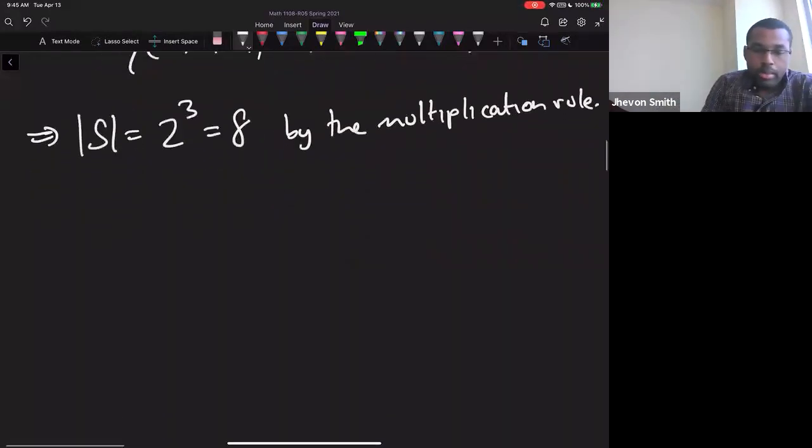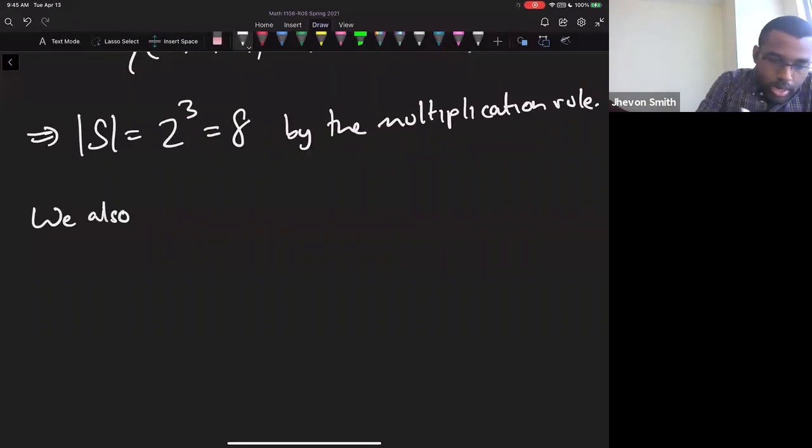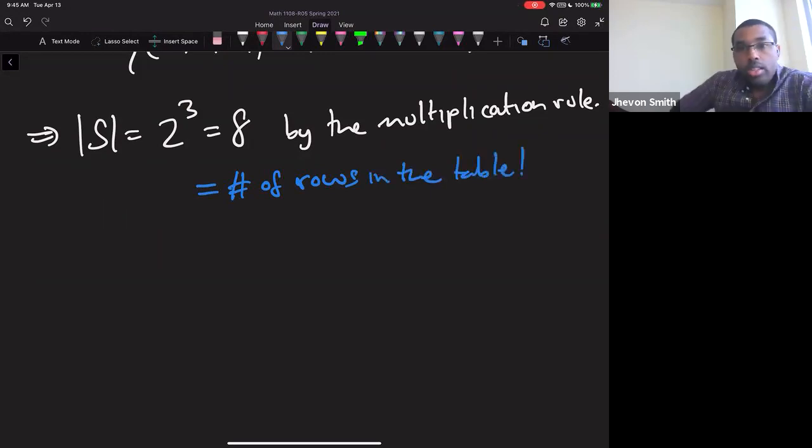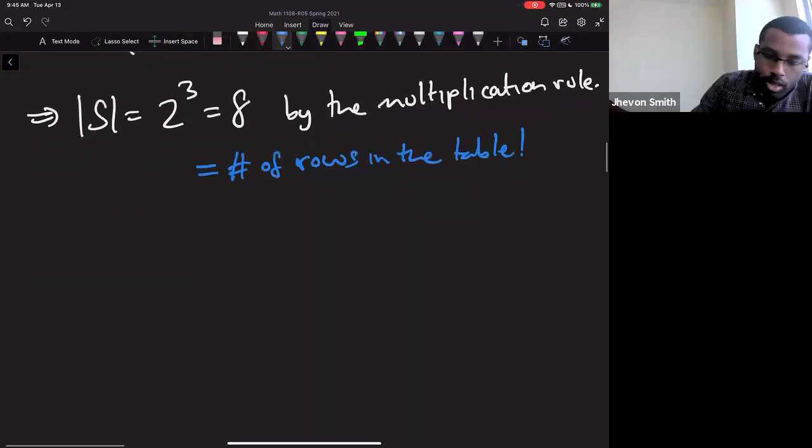We've done it multiple times. By the way, I should mention, this would equal the number of rows in the table. So that's how you're going to decide how many rows are in your table. It's the size of the sample space.